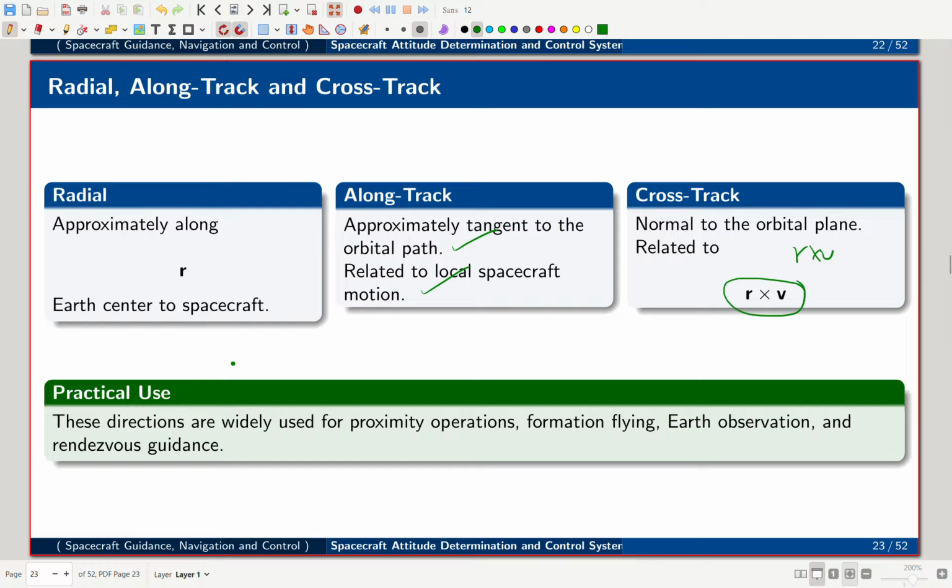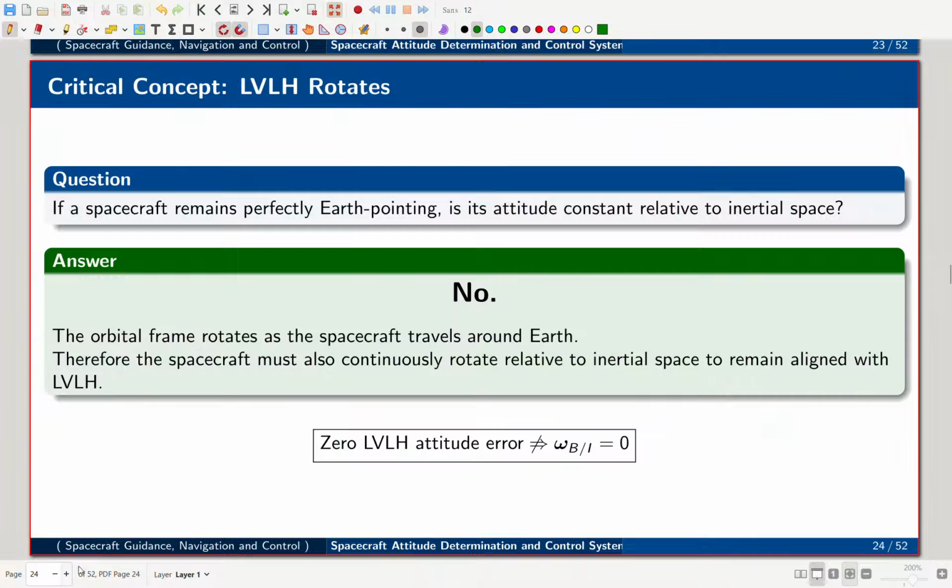Cross track is normal to the orbital plane, related to the angular momentum we already saw, right? So practical use: these directions are widely used for proximity operations and formation flying, Earth observation, and rendezvous guidance. We will understand what rendezvous proximity is. Don't worry, we are just building up the foundation.